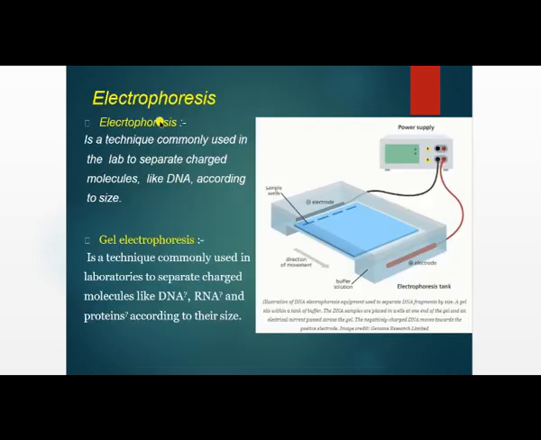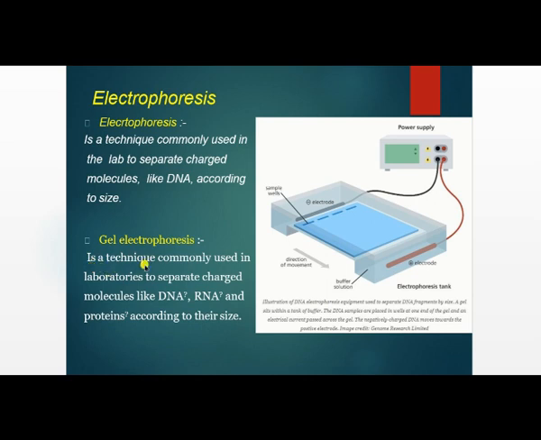Electrophoresis, as I told, is a technique commonly used for separation of DNA molecules. Not only DNA, you can separate RNA and protein molecules on the basis of their sizes. Next, gel electrophoresis. Here we are using an agar gel.